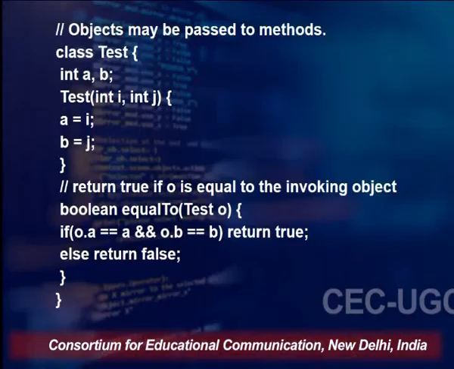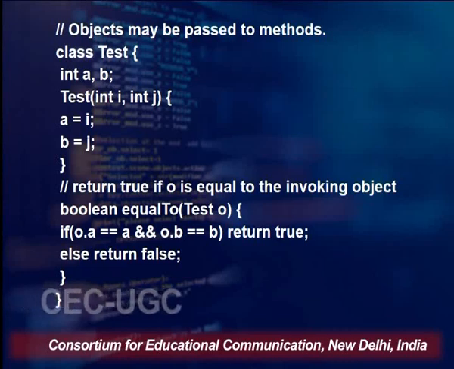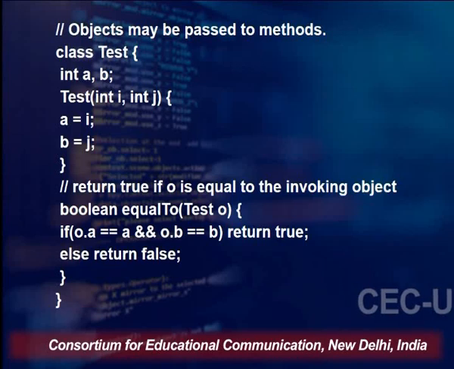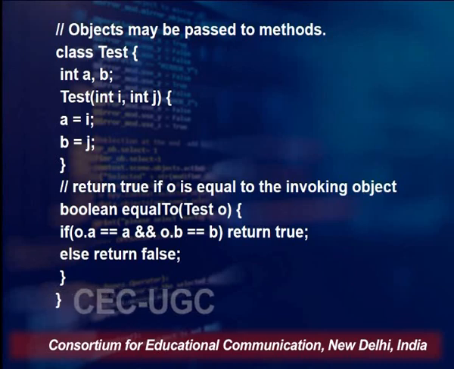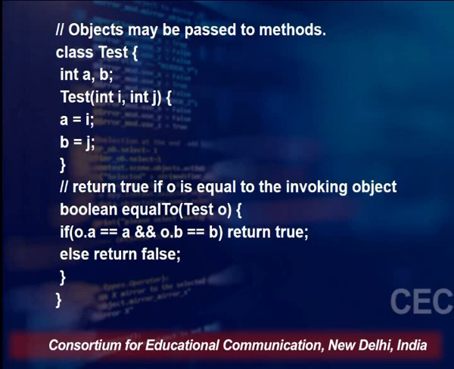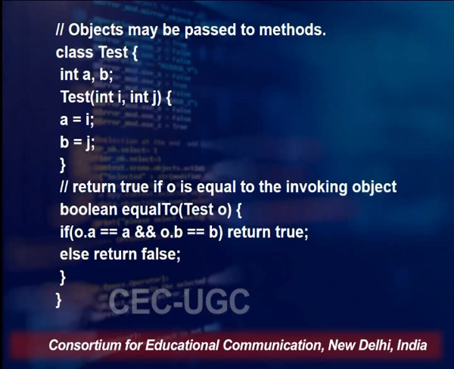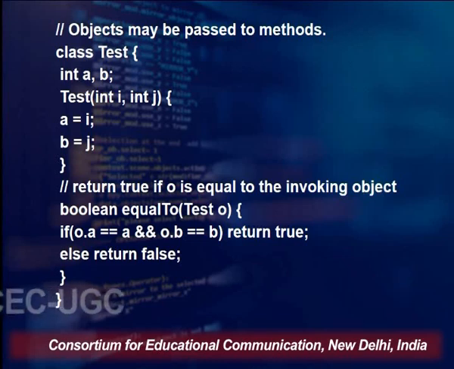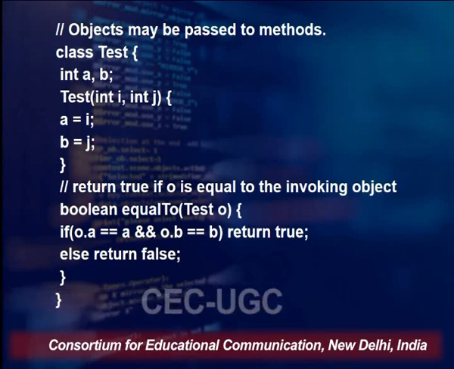Let's say we have a class Test in which we have 2 variables A and B, and a parameterized constructor which takes 2 values i and j and assigns them to the variables A and B. Then we have written one method which returns a boolean, and that boolean method equals is taking a parameter of the class Test, so Test o.